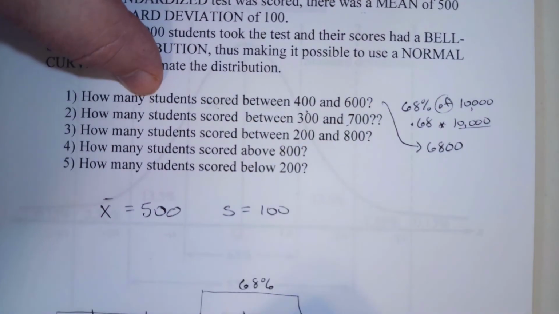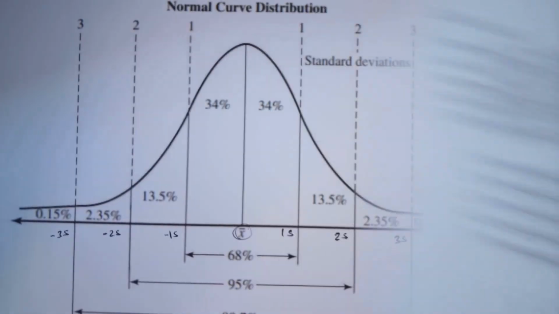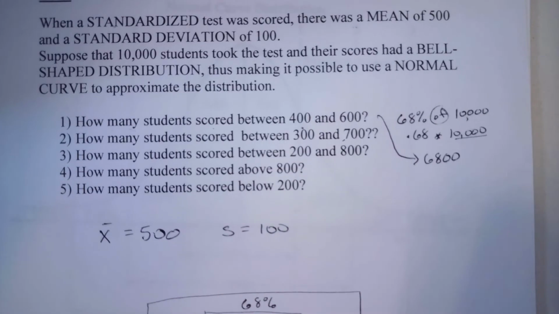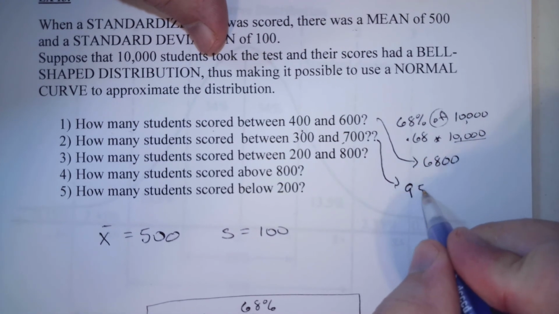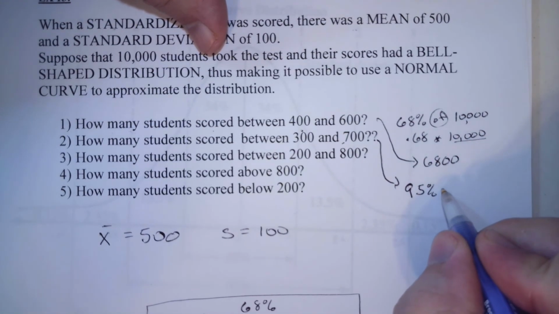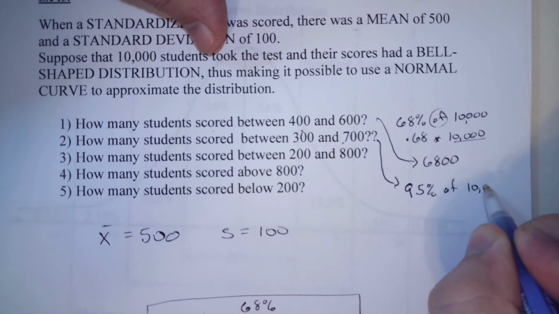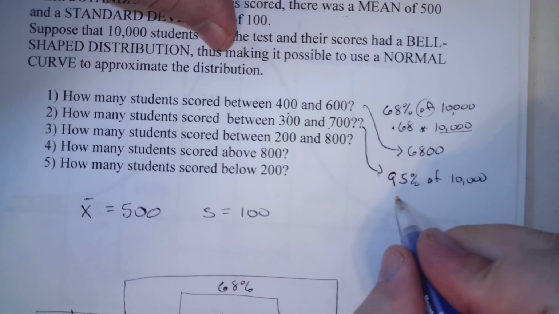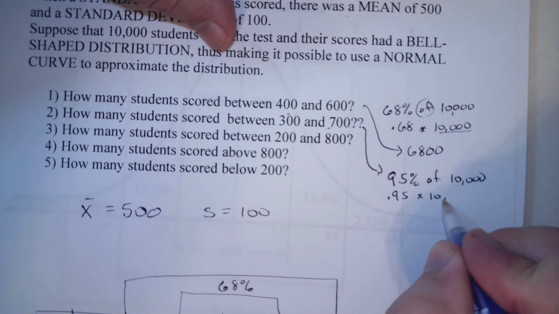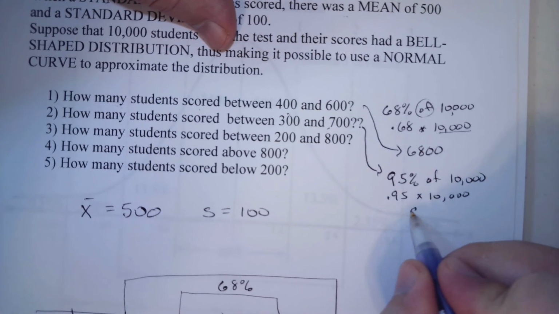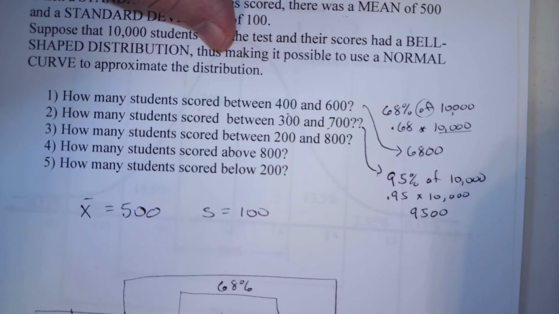How many students between a 300 and 700? Remember, that's 95% of 10,000. So it's 0.95 times 10,000, or 9,500.